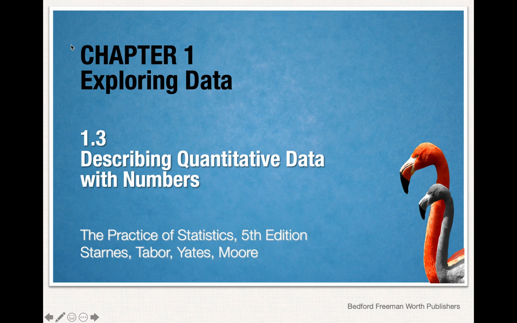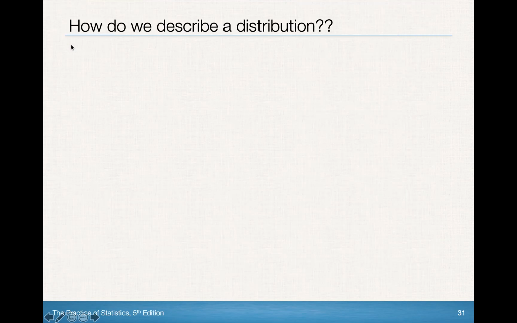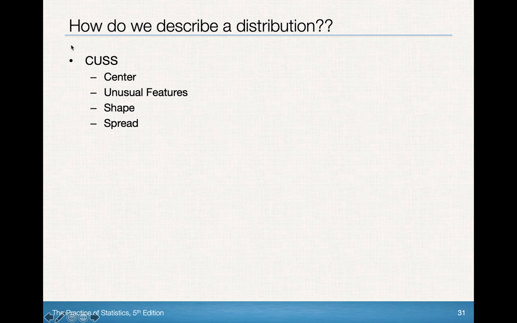Today, in our final lesson, section 1.3, we're going to be describing quantitative data with numbers as opposed to just observations. So remember, when we were looking at distributions, we described a distribution using the acronym CUSS or SOCS, depending on which you prefer.